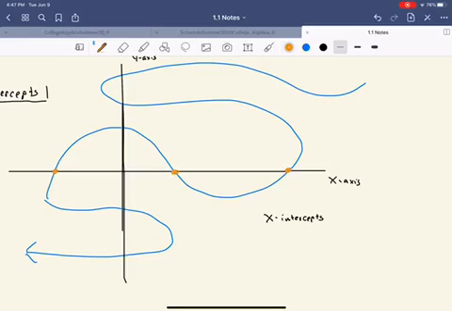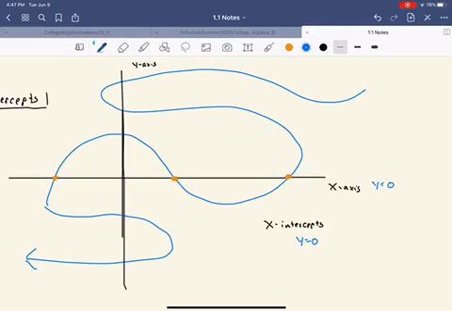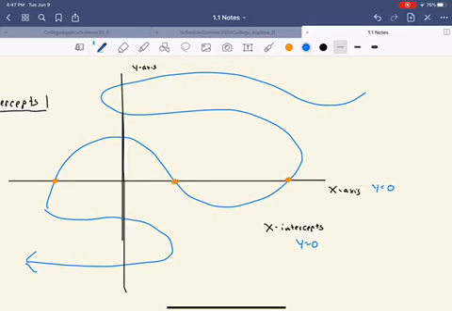All those points have in common that their y value equals 0. Okay, think about the x-axis. That's also equivalent to saying y equals 0.